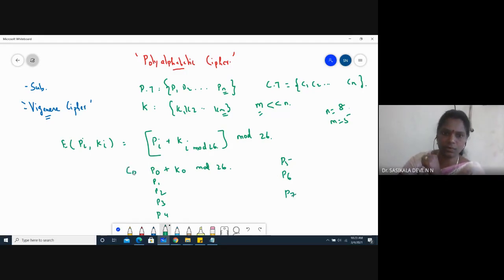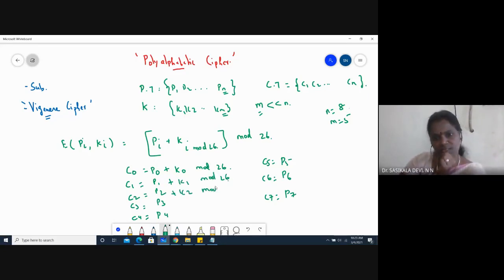So the ciphertext is C0, C1, C2, C3, C4, C5, C6, C7. Here C1 is P1 plus K1 mod 26, then P2 plus K2 mod 26, P3 plus K3 mod 26, and C4 is equal to P4 plus K4 mod 26.